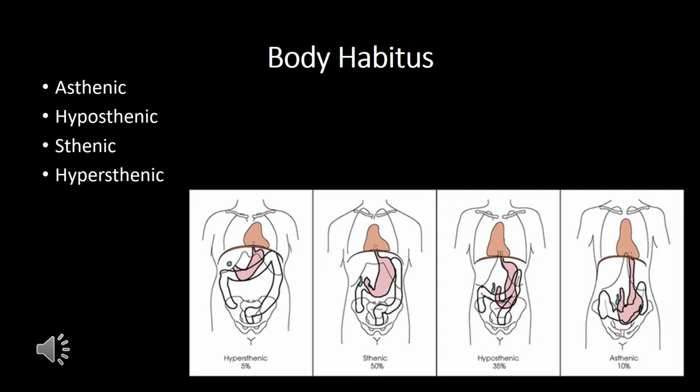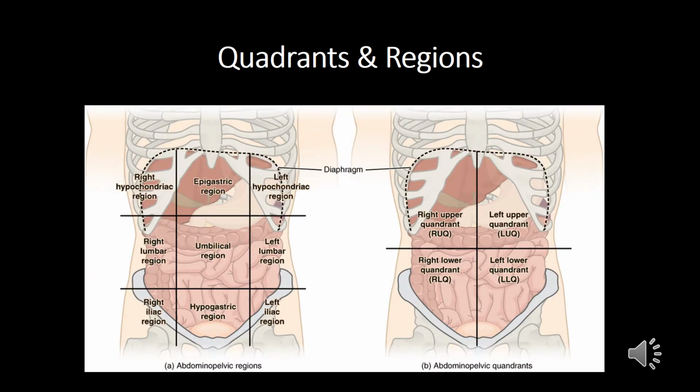It's also more ethical to refer to a patient's body habitus when referring to medical imaging rather than obese, skinny, fat, overweight. Body habitus like asthenic, hyposthenic, sthenic, hypersthenic. Those are going to be more professional terms that we're going to start using as medical healthcare professionals.